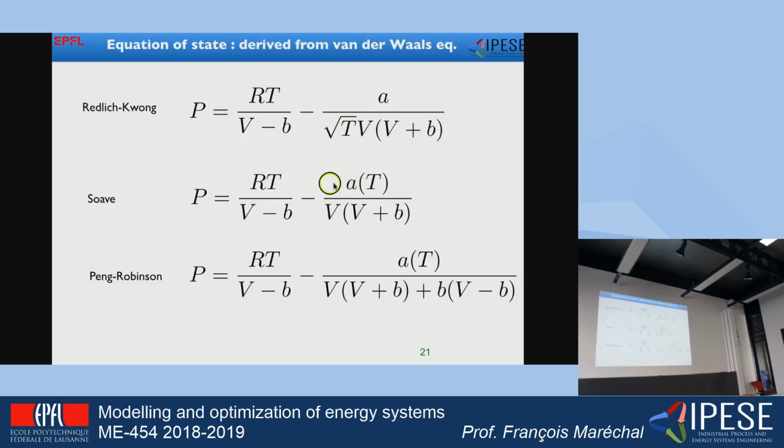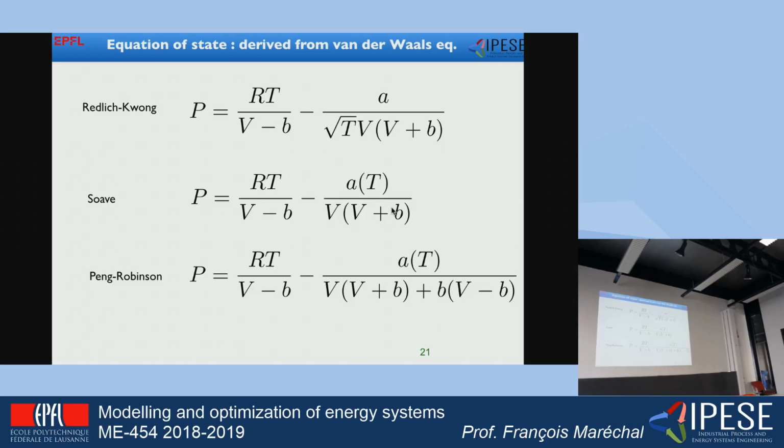We know that, for example, in the Soave, the term here is a function of the temperature. You do not see the V square, but you have a B term here that is appearing, okay? So this is mainly because people have observed with a lot of compounds the behavior as a function of temperature, pressure, and volume, and have been able to define this.